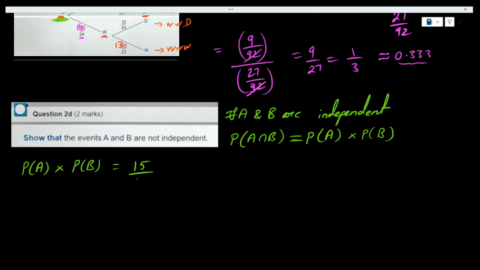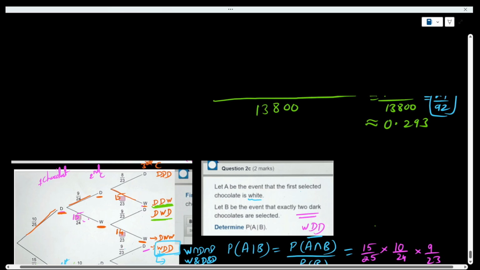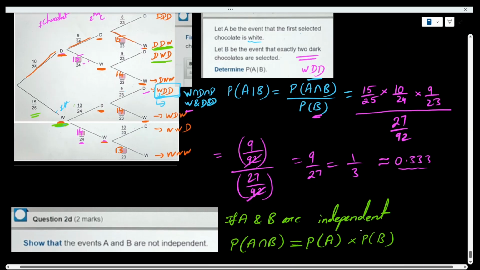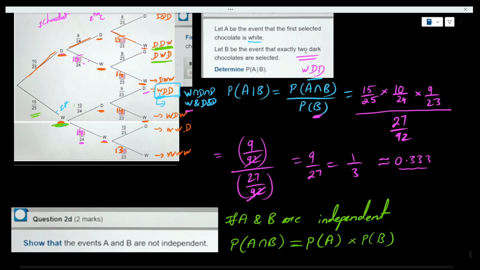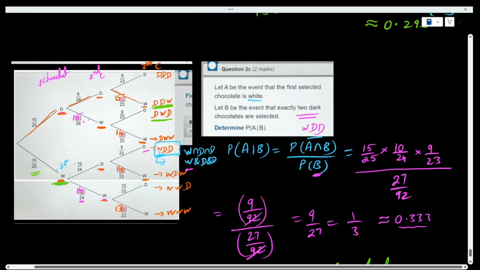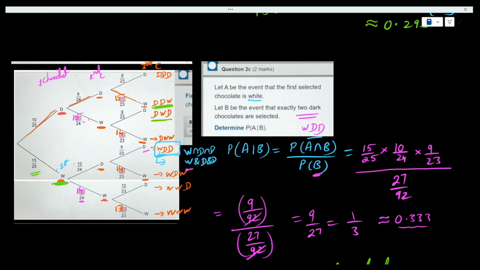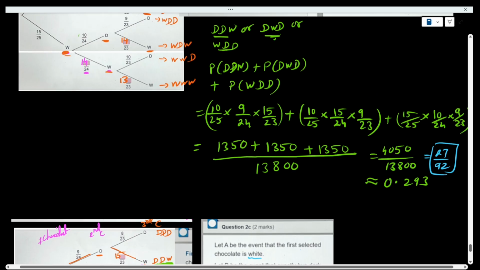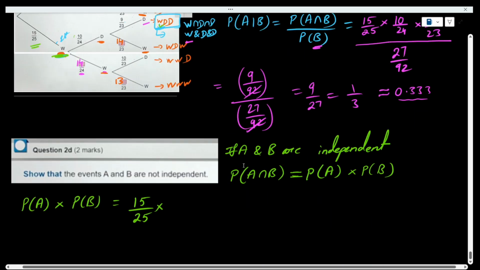So I'll write here 15 by 25 times the probability of B. B was the event that exactly two dark chocolates are selected, which means it can be DDW, DWD, or WDD. And we have already calculated the probability in part B, which is 27 by 92.